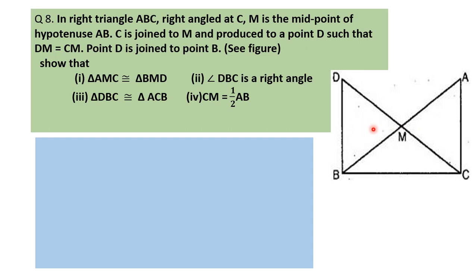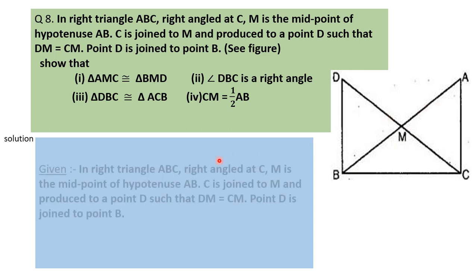Second point, angle DBC is 90 degrees or a right angle. Third, triangle DBC and triangle ACB are congruent. And last point, CM is half of AB.